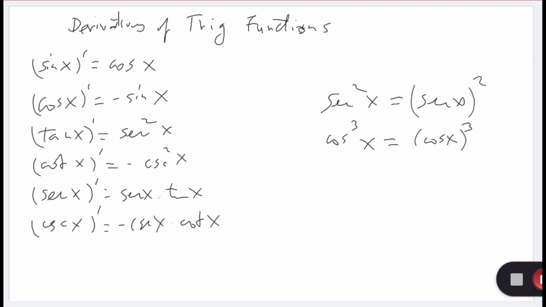The rules, differentiation rules, will be the same. We're just adding more formulas. So whenever we see trig, we'll be able to find the derivative. All right, so let's see some examples.